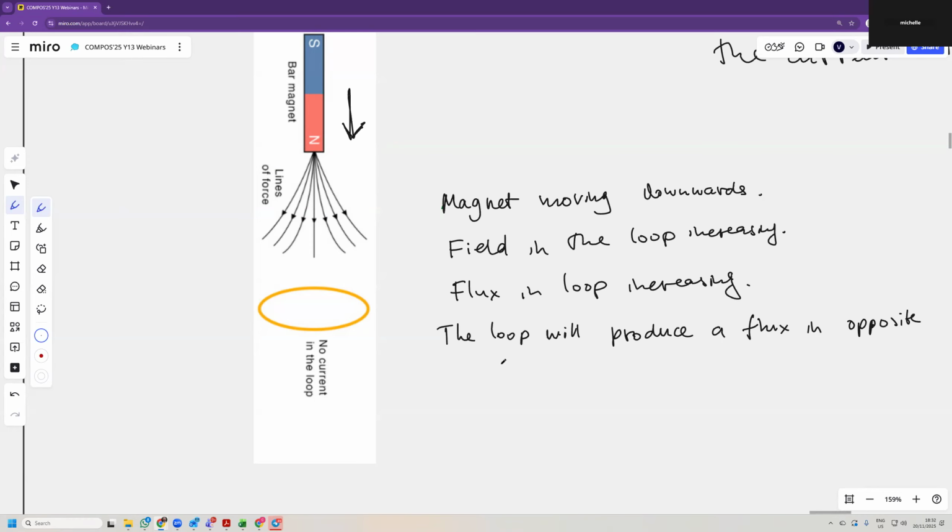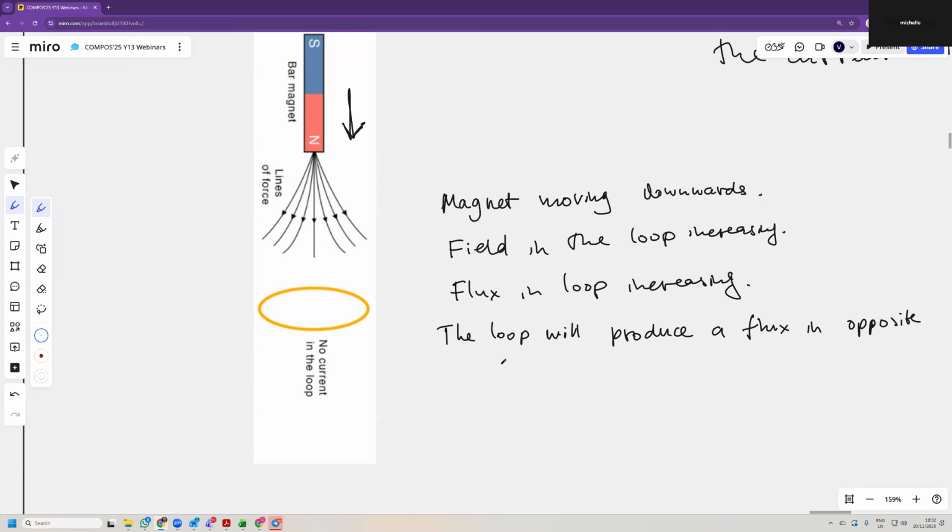Well, the loop doesn't like change of flux. This is to do with conservation of energy. I'll explain in a bit about the conservation of energy, but do you understand that? Assuming it is true that the loop doesn't like change, do you understand that the current will be anti-clockwise?